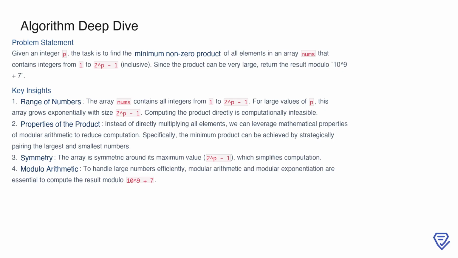One key insight is the symmetry of the array around its maximum value, 2^p - 1, which allows us to identify patterns in the product. Additionally, by leveraging modular arithmetic, we can efficiently handle the large numbers that arise during computation, ensuring our results fit within computational limits. These insights form the foundation for our approach to solving this problem efficiently.